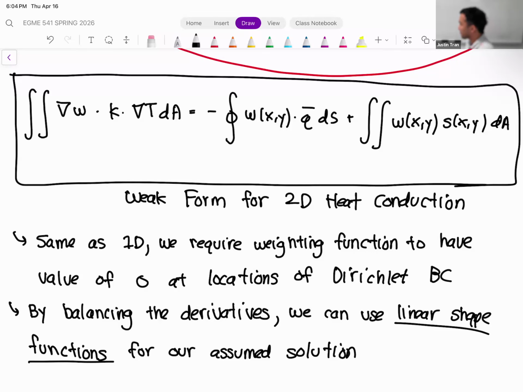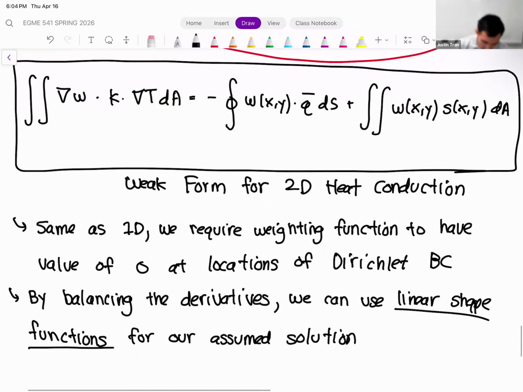Okay. And one last point before we move on. The reason I arranged the formula in this way is that eventually you're going to see that everything on the left hand side of the equal sign is going to comprise our element stiffness matrix.